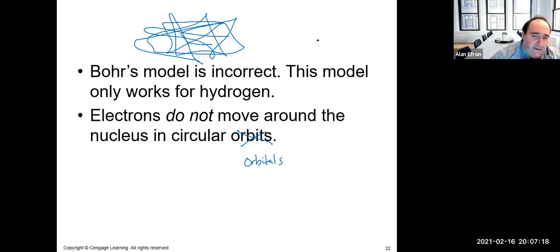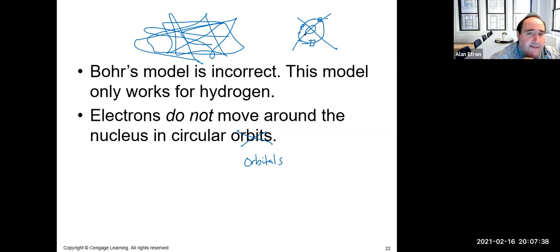They are definitely not, as Bohr suggested, moving in these pretty circles where you could just wait right about here and eventually the electron will come back around. It doesn't happen in that fashion. It does basically move pretty randomly about.